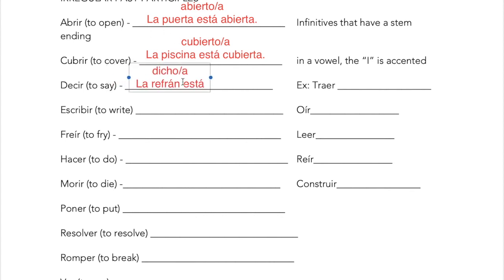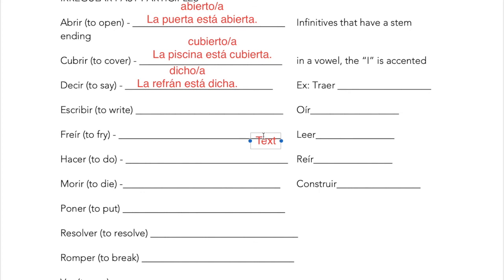La refrán está dicha. The proverb is said. Sorry, y'all, this is a hot mess. This is kind of a weird way to say anything, because we don't really go around saying something is said, right? But this is really the way that we would use it.